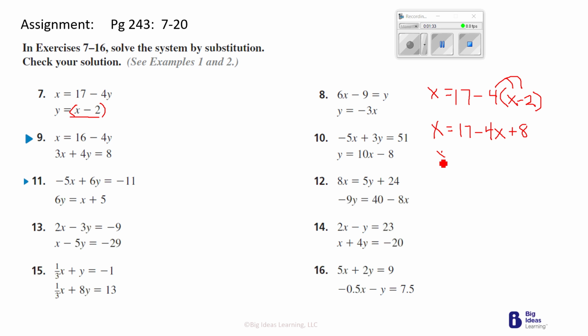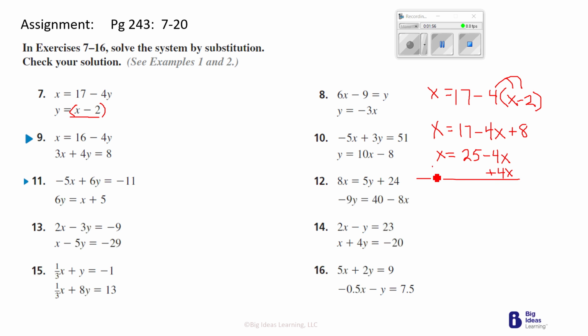So now x is going to equal 25 minus 4x. Now we got to get this -4x to the other side to combine it with its like term. The only way to do that is to add 4x to it to get rid of it.